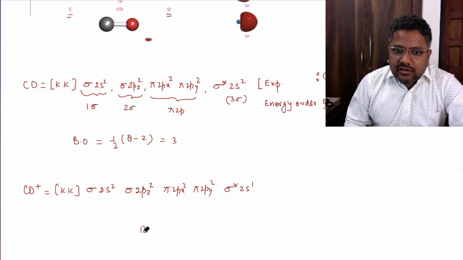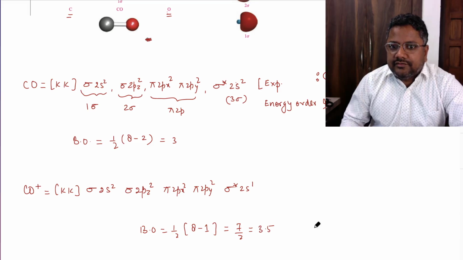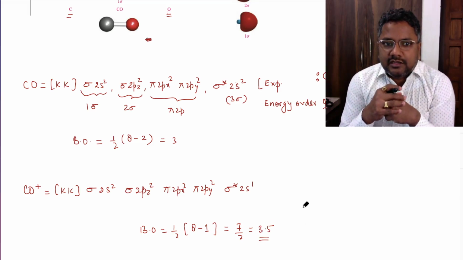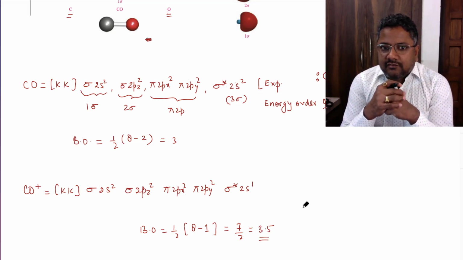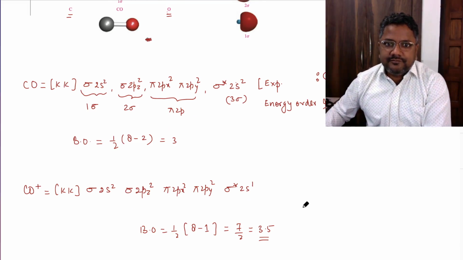So now the bond order is equal to 1 by 2 times 8 minus 1, which is 7 by 2, equal to 3.5, right? So in this way you can justify the molecular orbital of carbon monoxide, right?